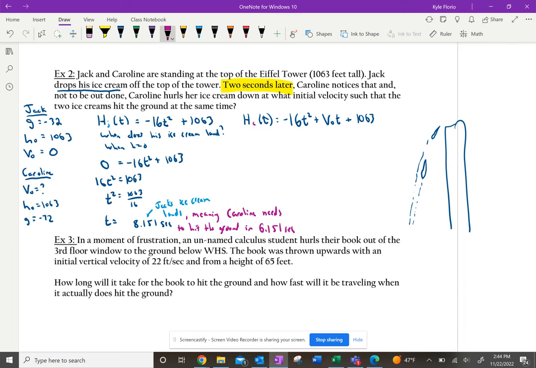So, all right, let's find out when that happens. We want to find the initial velocity so that h of this time right here, so the height after 6.151 seconds, hits the ground, so is 0. So we want the height to be 0 when t is 6.151.